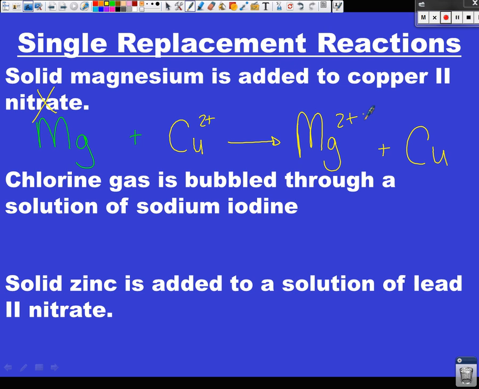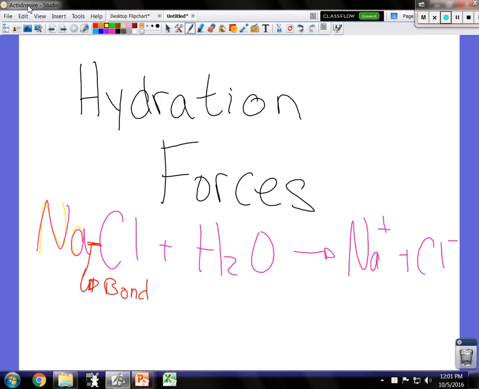Very good. If I need to go from magnesium to magnesium ion, how many electrons were lost? 2. To go from copper ion to copper, how many electrons were gained? Does that make sense? So you can visually also figure out your N, which is your number of moles of electrons.